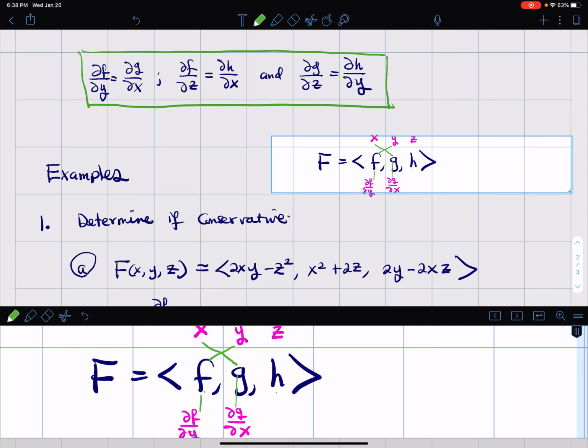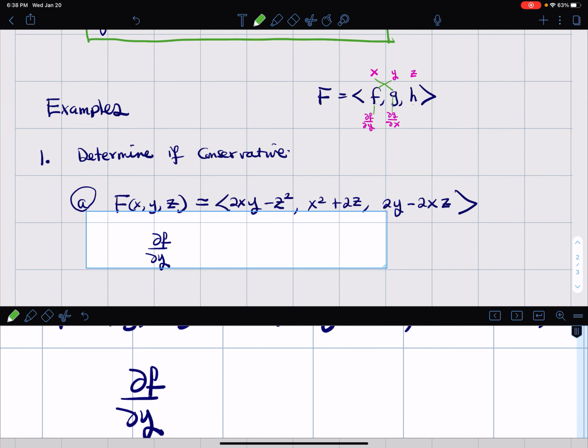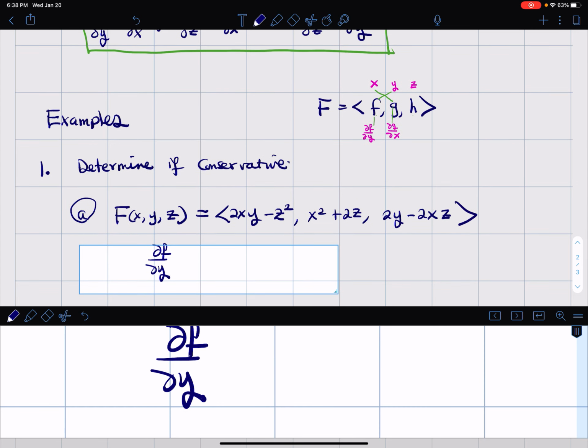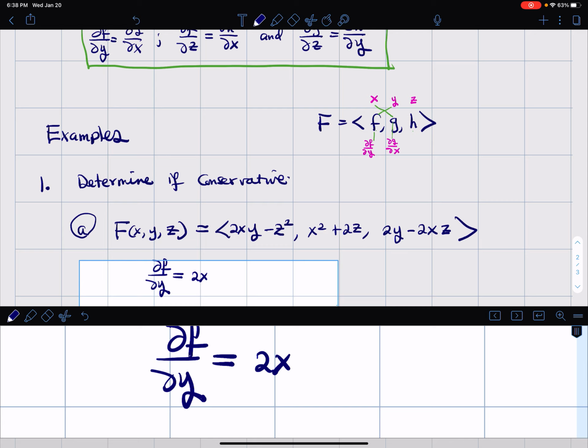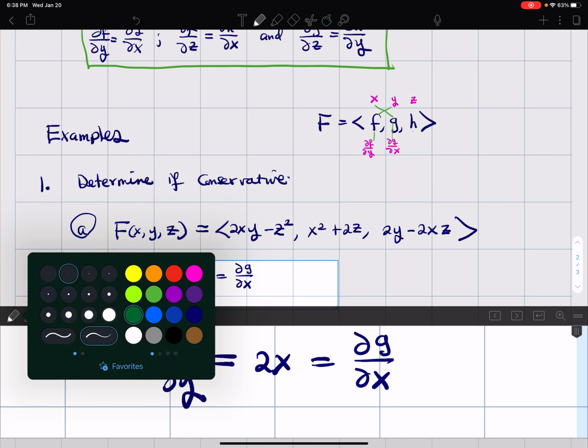So let's try df/dy. df/dy is equal to 2x. Is this equal to dg/dx? dg/dx is also 2x. So yes. So we have that down.